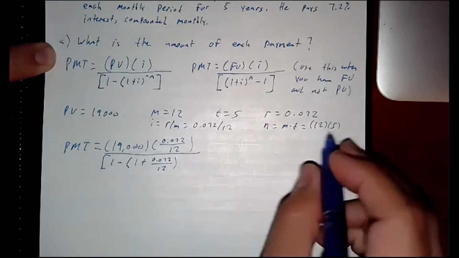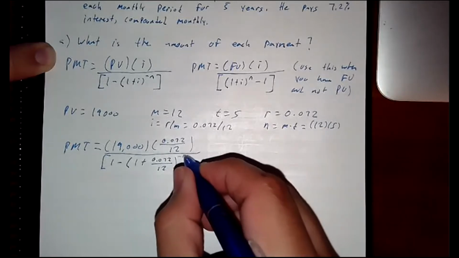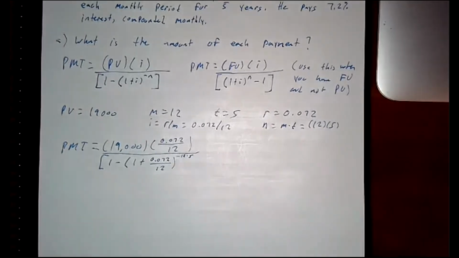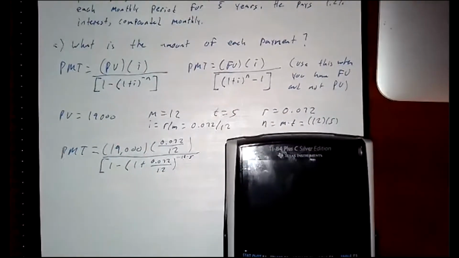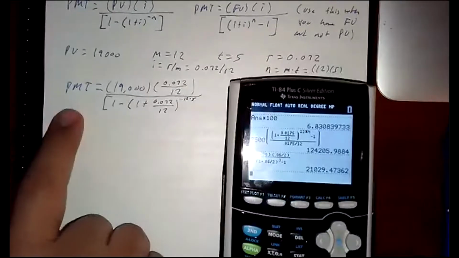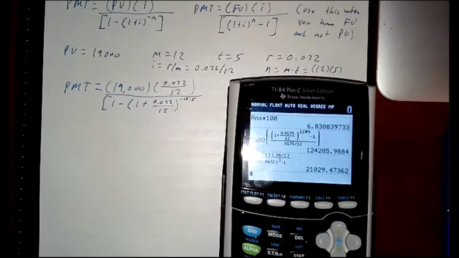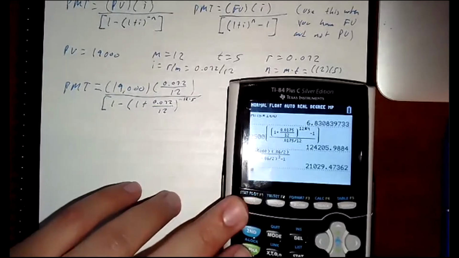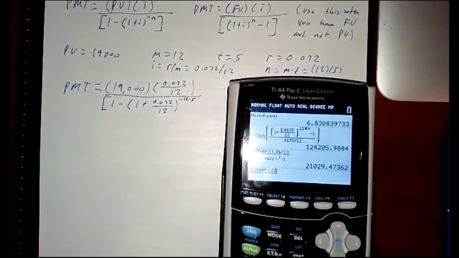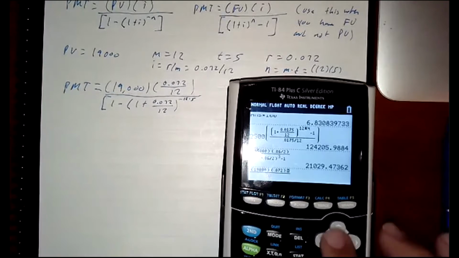So that'd be negative 60, right? Or 12 times 5, negative 60. On your test, if you struggle to punch this into your machine, at least write this down so you can get the setup points. I know some of you struggle. Calculation is hard.